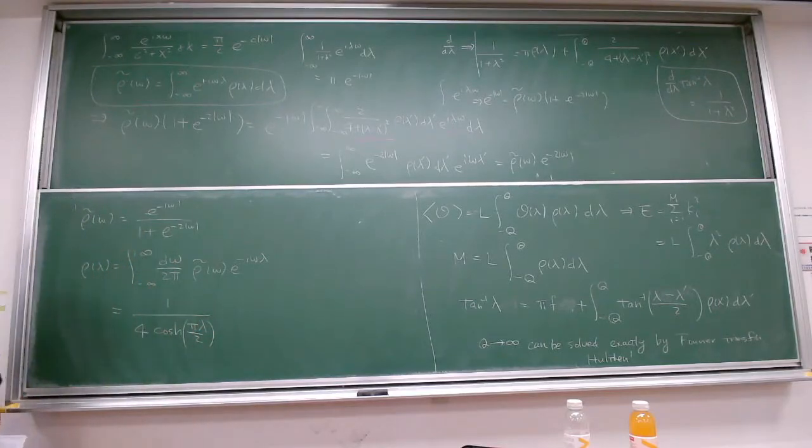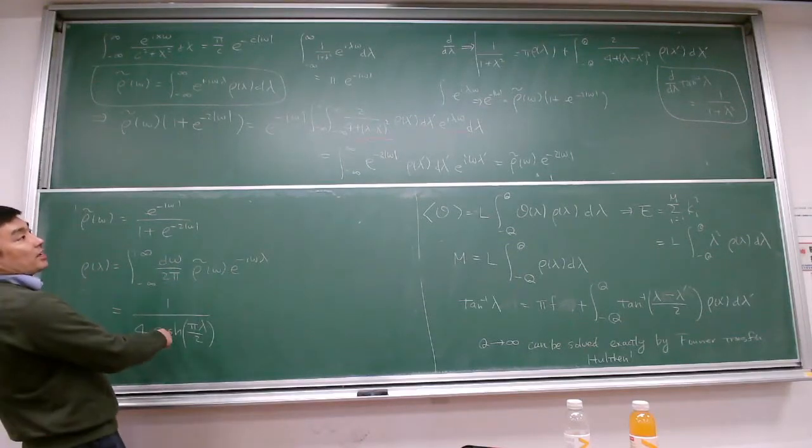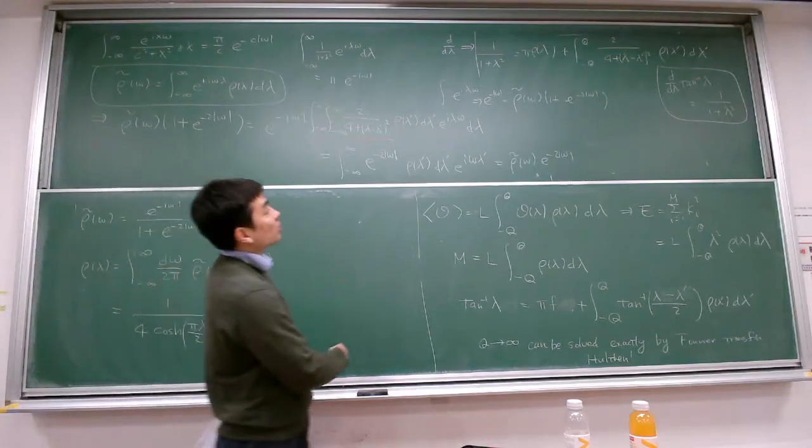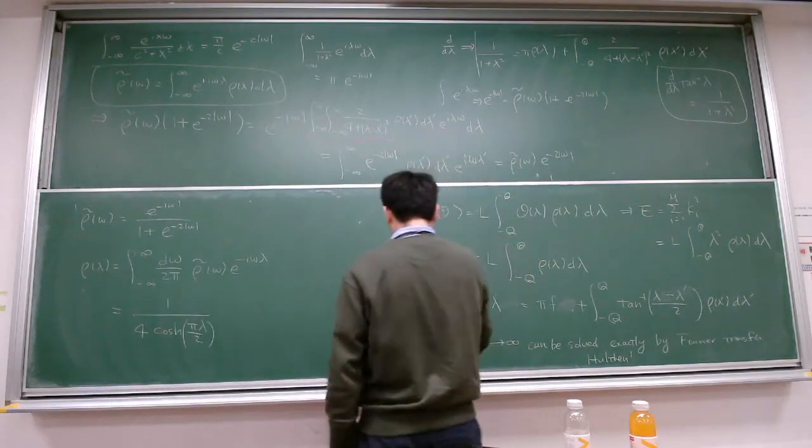So this integral can be done exactly. Now we determine rho lambda here, and then we can plug this one into the original equation over there to determine the energy.